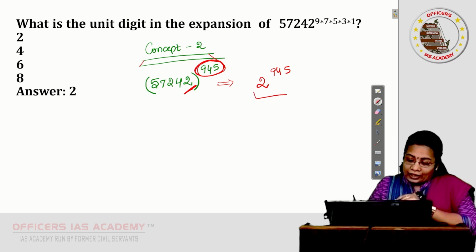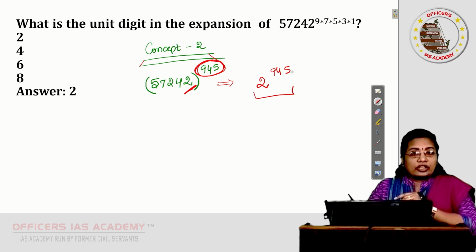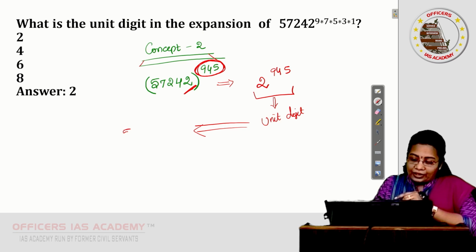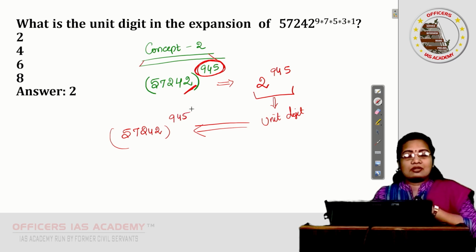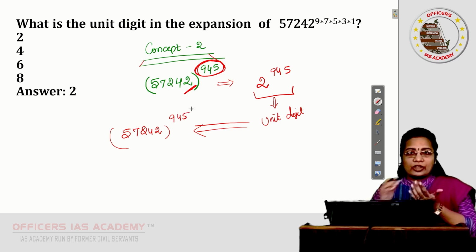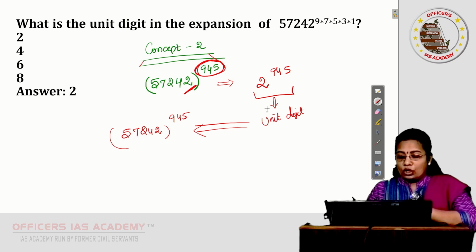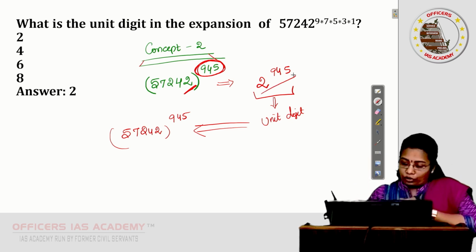Because the unit digit of 2 power 945 is the same as the unit digit of the expansion 57,242 power 945. Using this logic, we can crack this within a few seconds without the calculator. So, the second concept: for 57,242 power 945, the unit digit will be equal to that of 2 power 945.